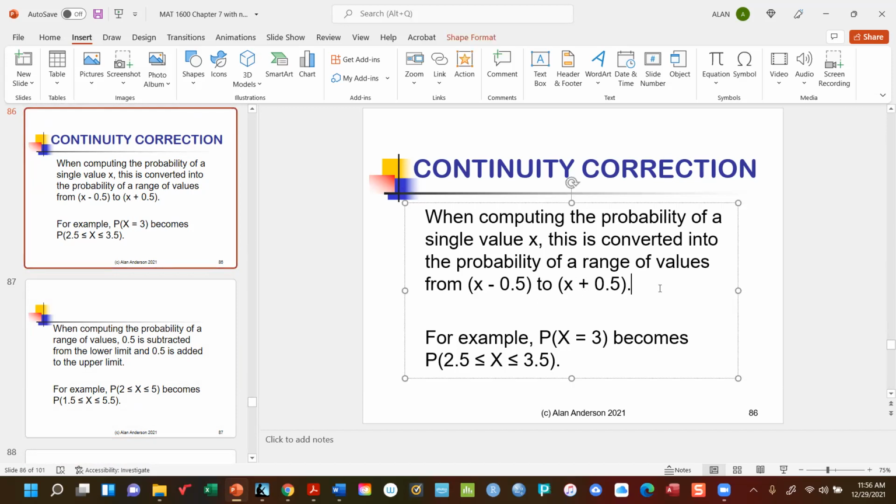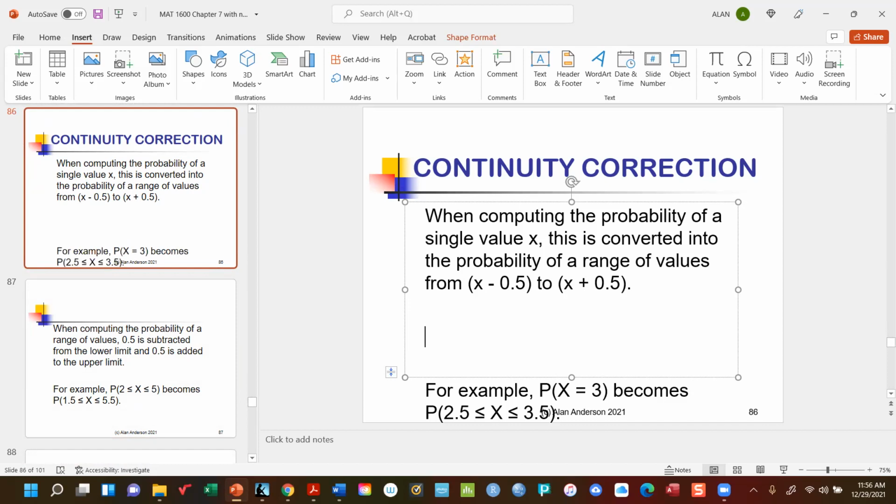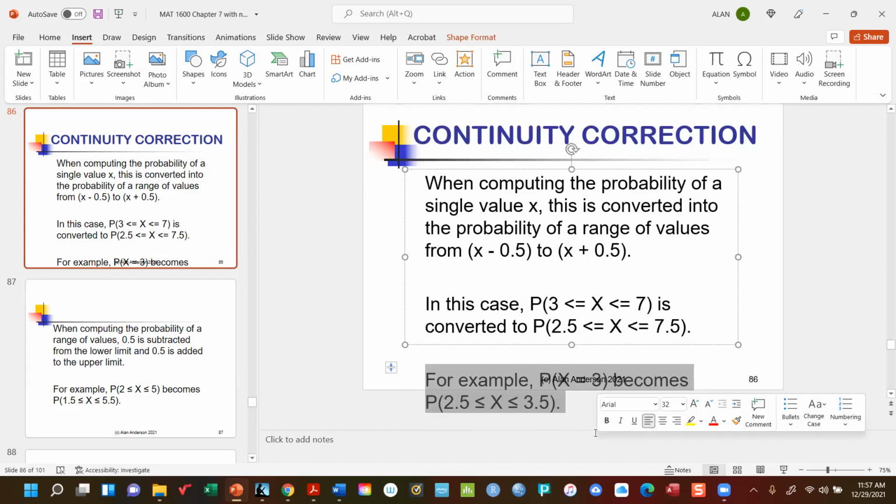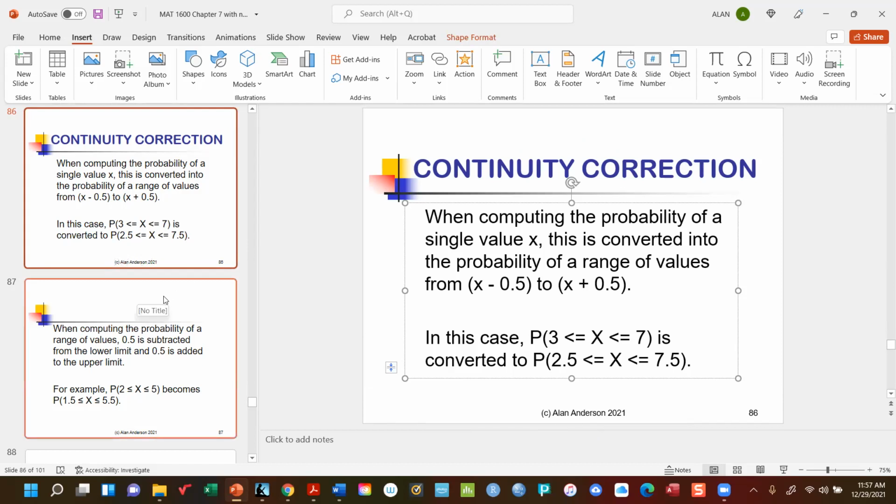So in this case, the probability that X is between 3 and 7 will be rewritten as the probability that X is between 2.5 and 7.5. Only because it seems to make this process work better.